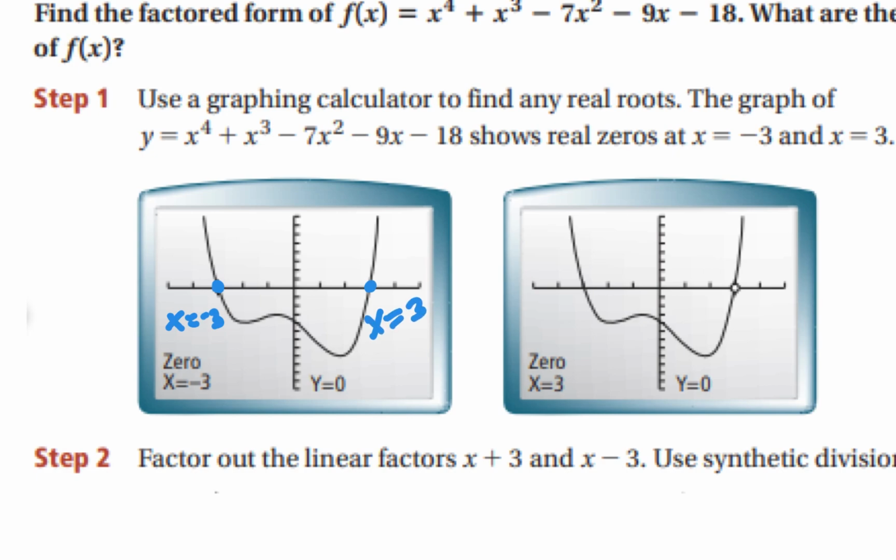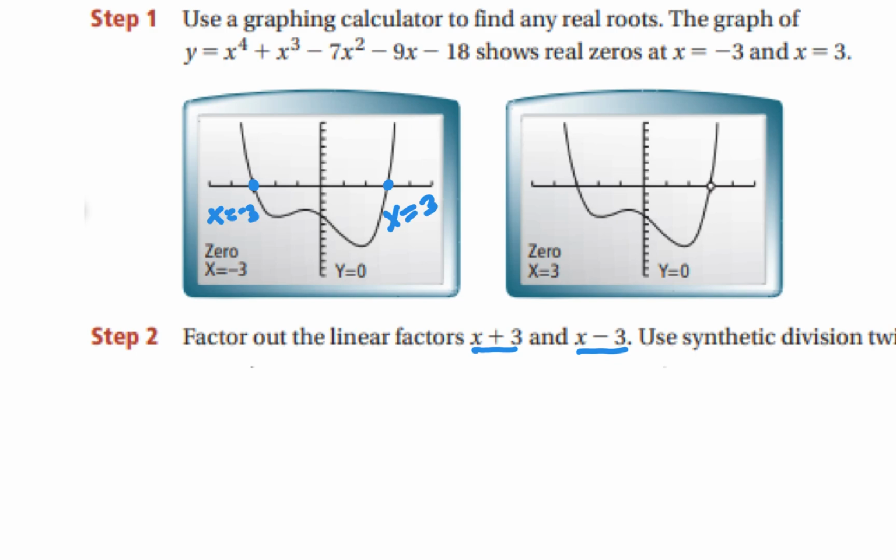So we have these roots, x plus 3 and x minus 3. So now what we're going to do is synthetic division twice, and we're going to use -3, and we're going to use 3, and then we're going to come up with the rest of the zeros for this polynomial. So it's basically the same thing that you've been doing on the last lesson.